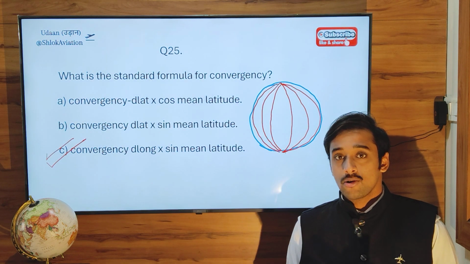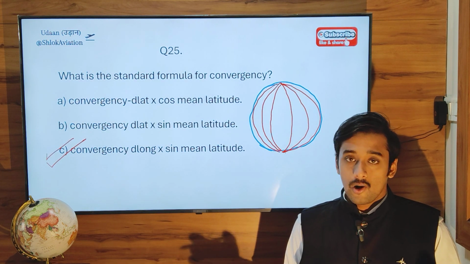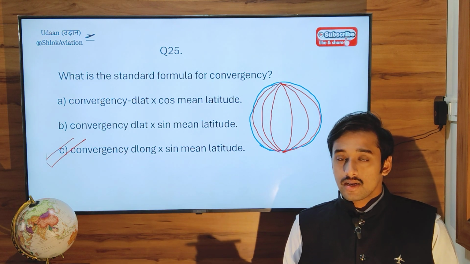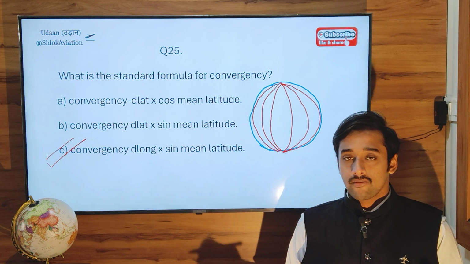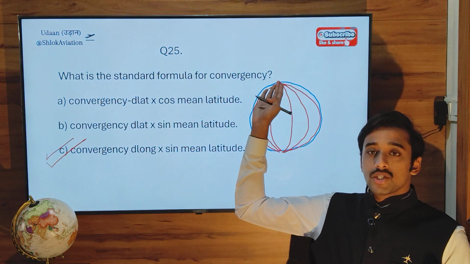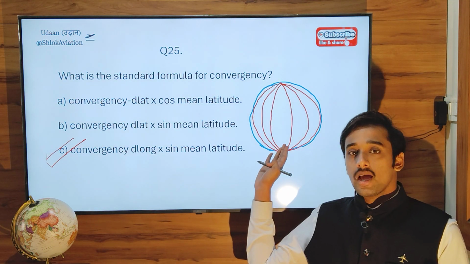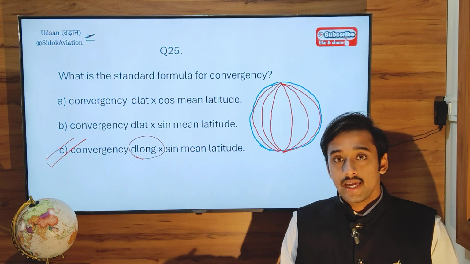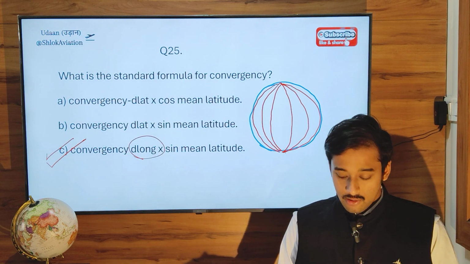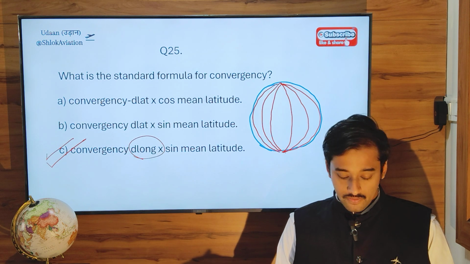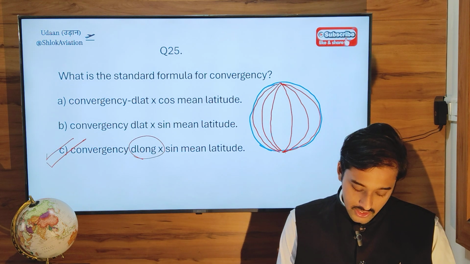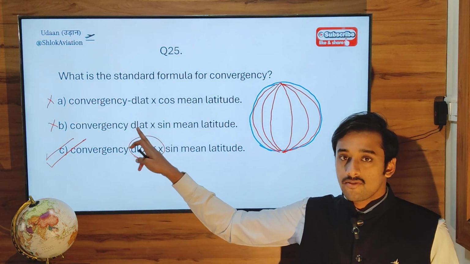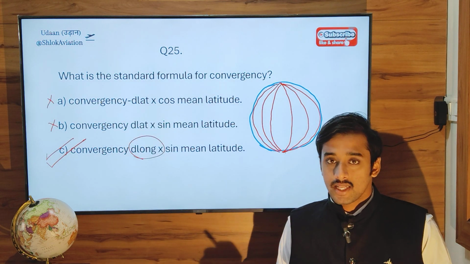Latitudes do not converge with one another. Latitudes are equally spaced lines, but meridians of longitude are not equally spaced lines. They converge with one another at the North Pole and South Pole. That's why the formula of convergency includes d long, the difference between two longitudes, into sine of latitude. So we have eliminated options A and B, because latitude is not related to convergency in any way.